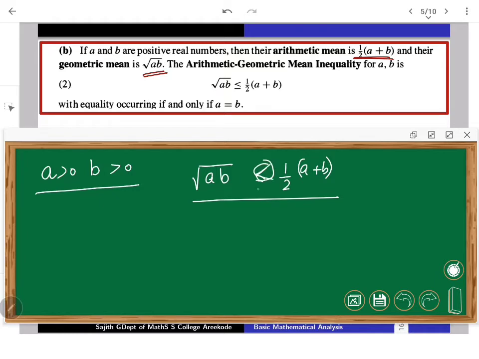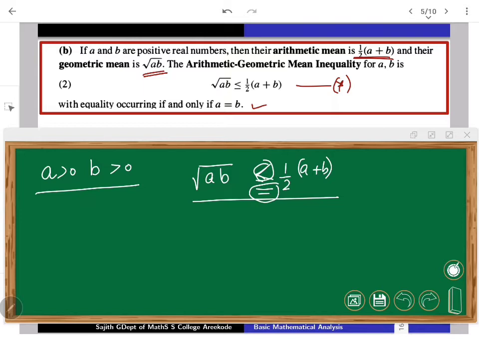Either strict inequality or maybe equal. But the second part: if A and B are equal, then you will get equality. And the converse is also true. If you are getting equality in this inequality, then obviously A and B are equal. That is the second part.